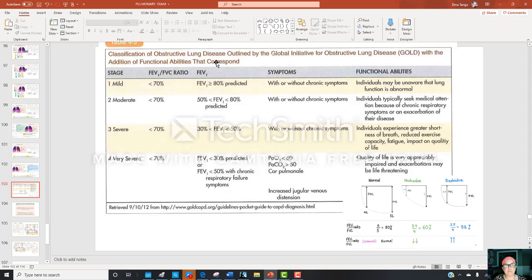But the FEV1 is going to tell you how severe it is. So if this example is 60%, it's going to fall here and be moderate. So above 80% mild, 50 to 80 is moderate, and 30 to 50 is severe.